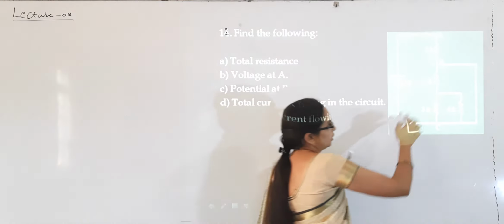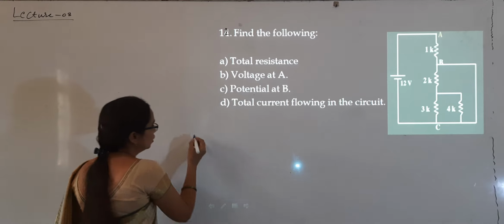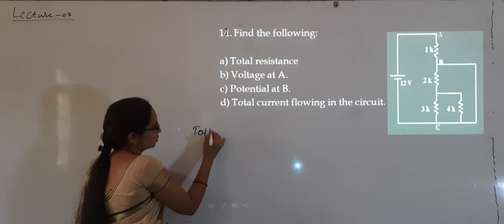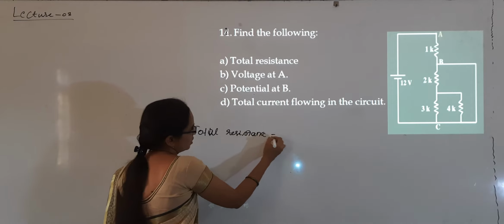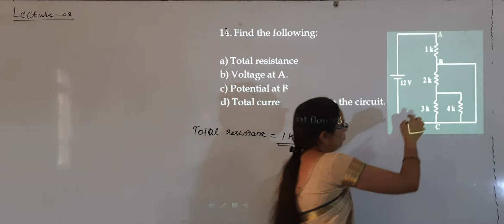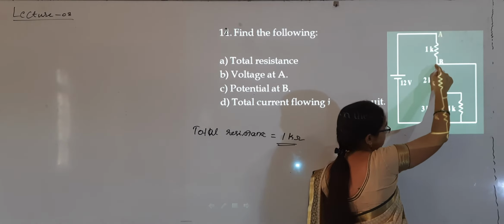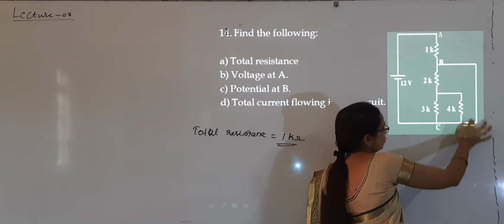But they have shorted it at the point B. Therefore, total resistance is equal to 1 kilo ohm, because this will not be considered, current will not flow in this because it is short circuited.